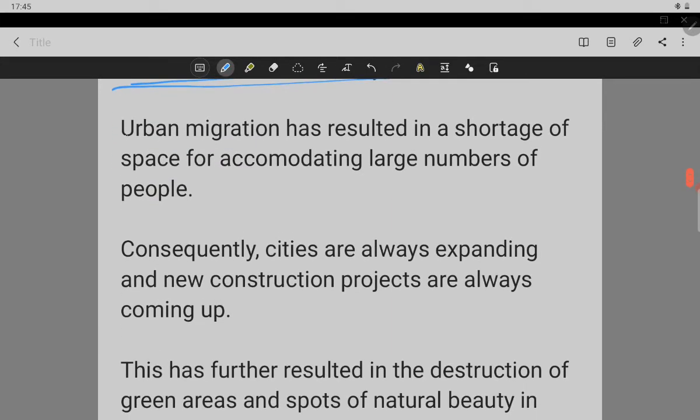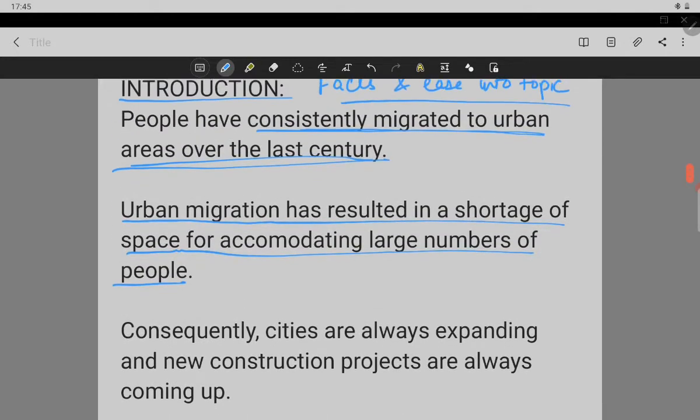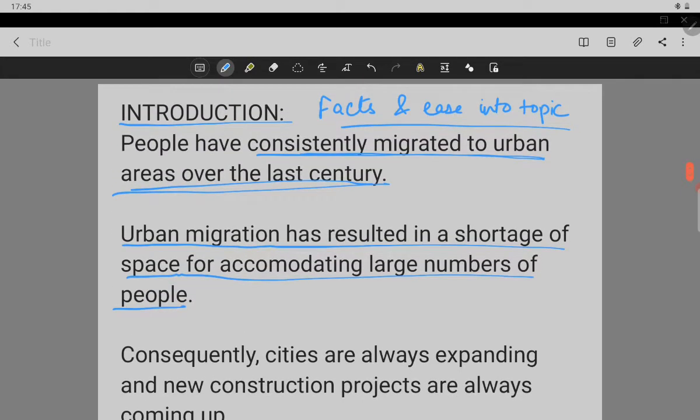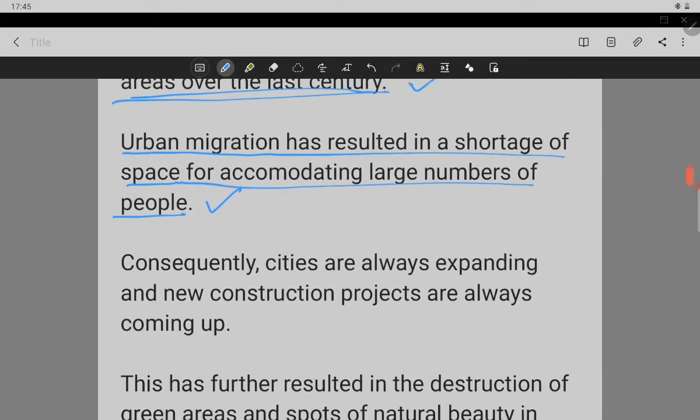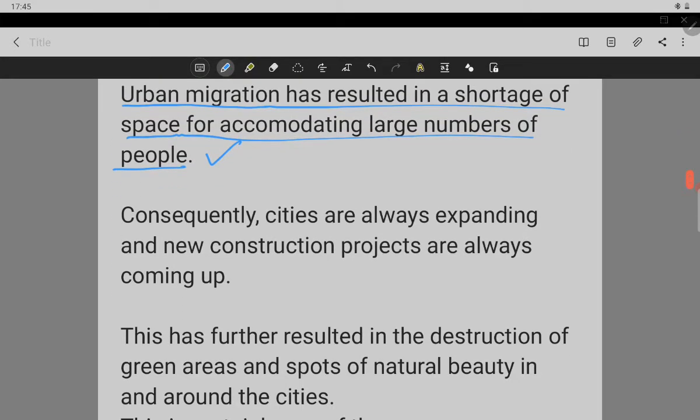Another fact is, urban migration has resulted in a shortage of space for accommodating large numbers of people. This is also true. So, a lot of urban migration has happened, due to which there is a shortage of space for accommodating large numbers of people. So, what has happened due to shortage of space? Consequently, cities are always expanding and new construction projects are always coming up.